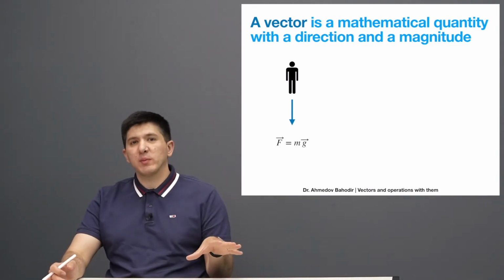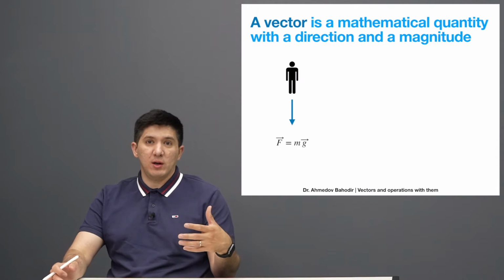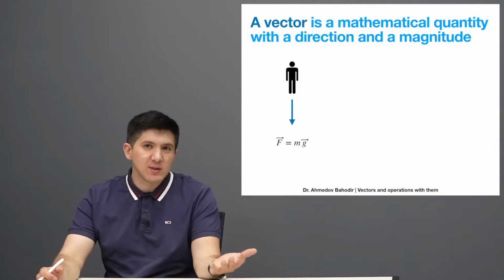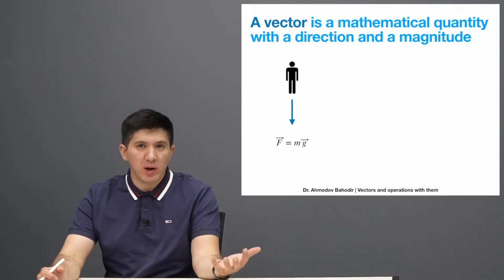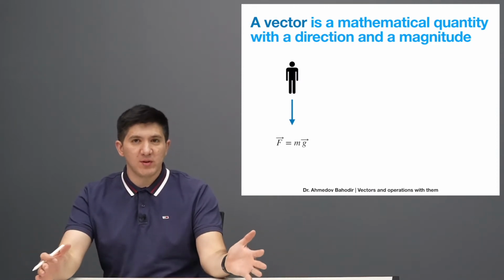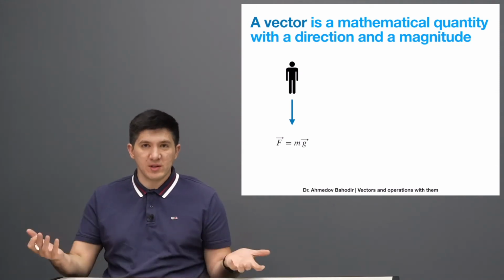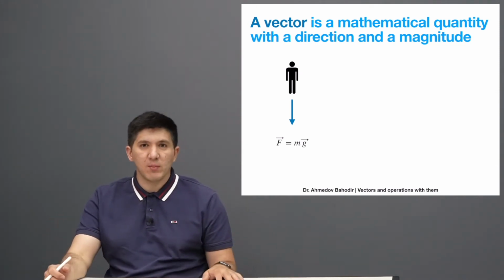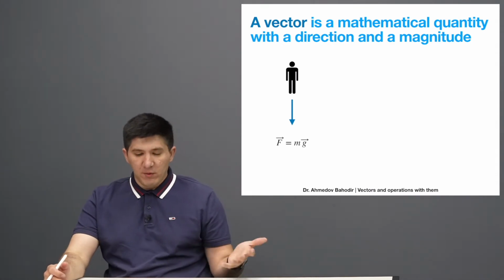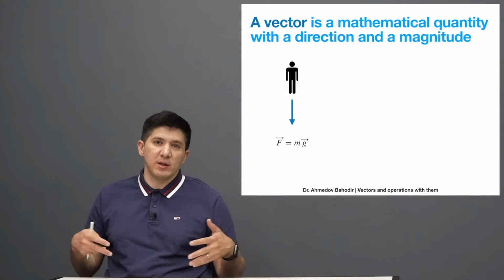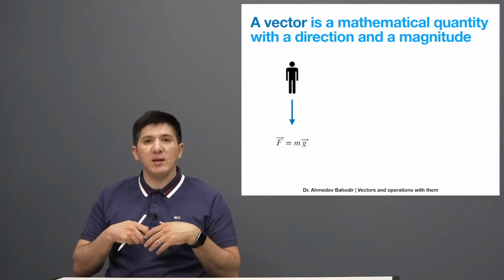And it is superbly useful to use vectors for quantities which have 2 or 3 or even more attributes. So most of the popular examples of usage of vectors are the physical quantities, such as force, for example, or the velocity. The force has the magnitude, so it's essentially the quantity of the force and its direction.